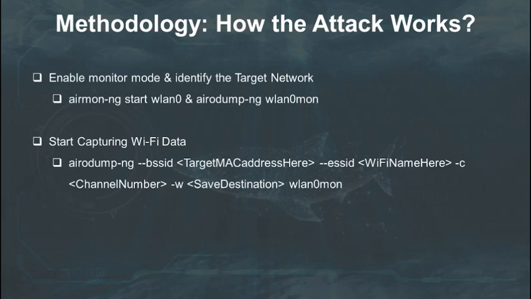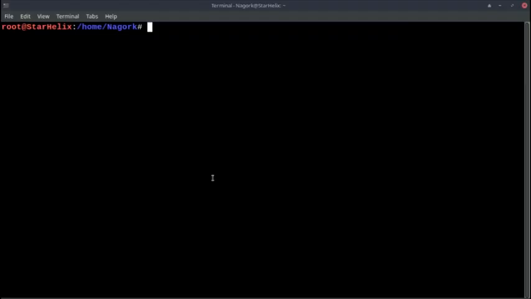So we are going to start firstly with setting our wireless network card to monitor mode. And then with the wireless network adapter in monitor mode, we can start listening to Wi-Fi traffic by running this command you see in front of you, that we are going to type and explain in depth while we are doing that.